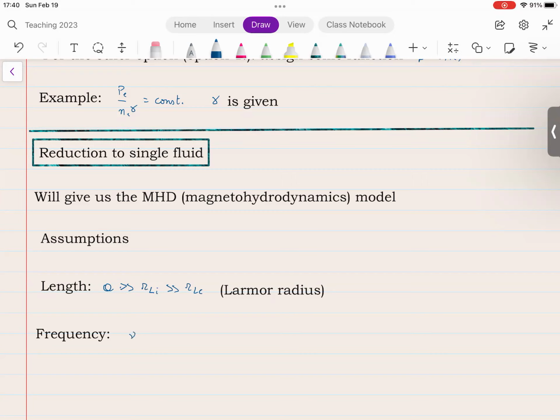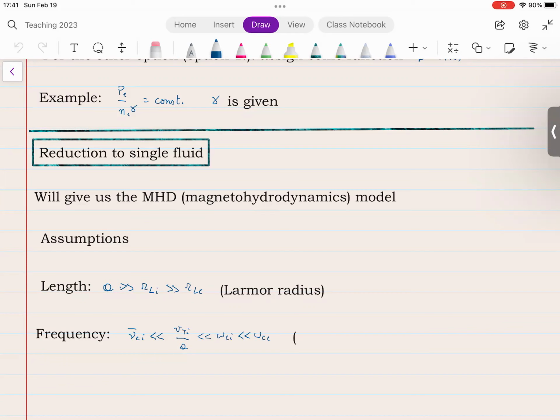The collisional frequency between ions and electrons is going to be much less than the thermal velocity of the ions over A, where A is my scale length for the process I'm looking at, which is going to be itself much less than the omega cyclotron of the ions, which is itself much less than the omega cyclotron of the electrons.